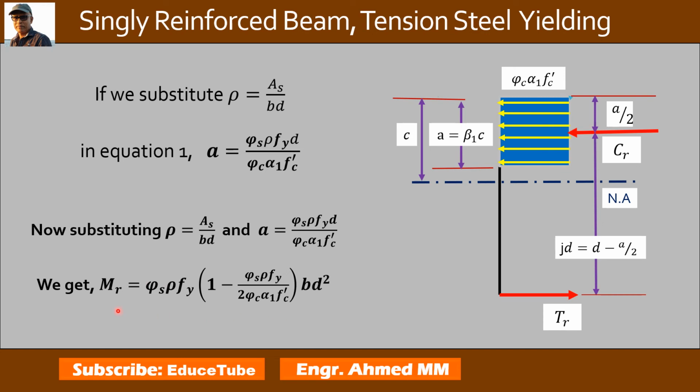Now this remaining part, except bd squared, we will give a name, that is called Kr. So let's see that in the next slides.